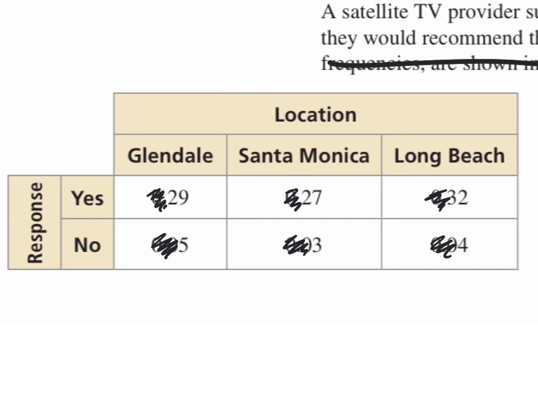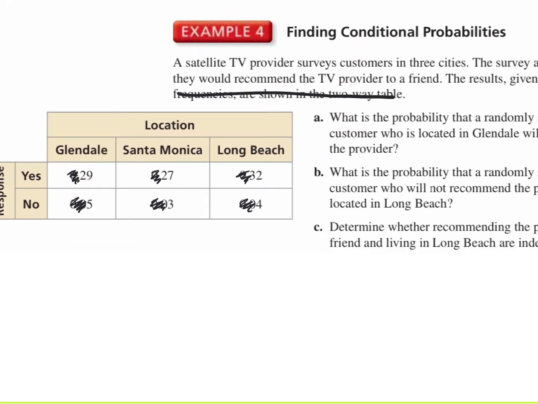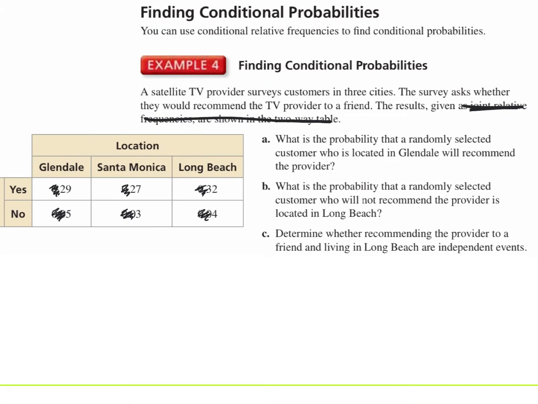So I'm just changing it to just the numbers, so you don't have to worry about any of the relative frequency. I took all the questions like that off of the homework, so we're just looking at the actual number of people in each column.